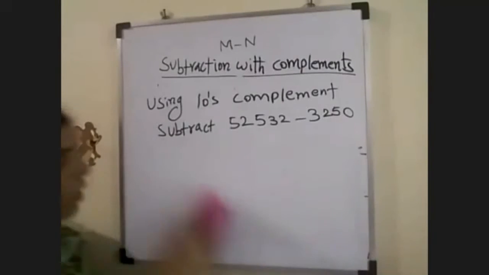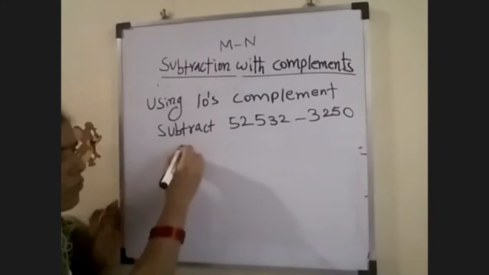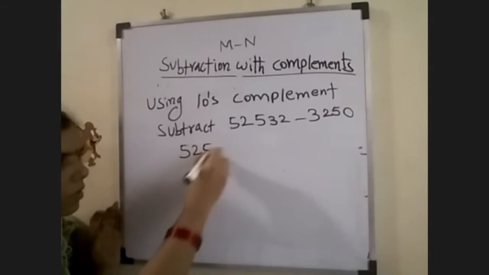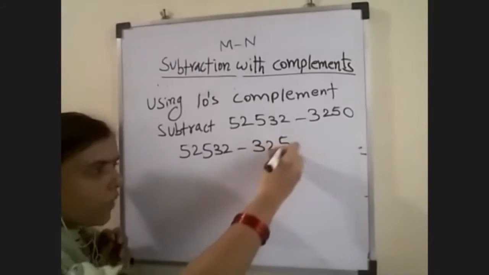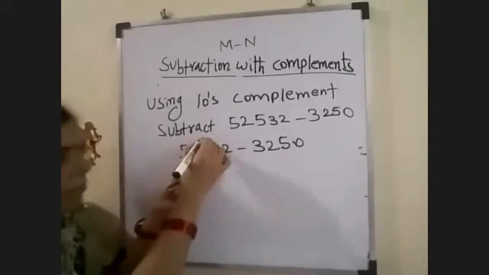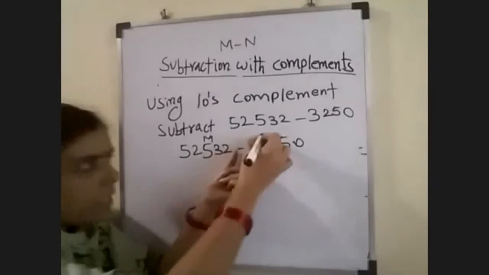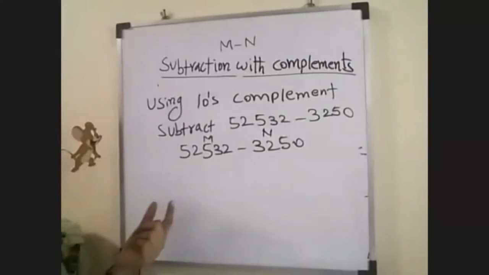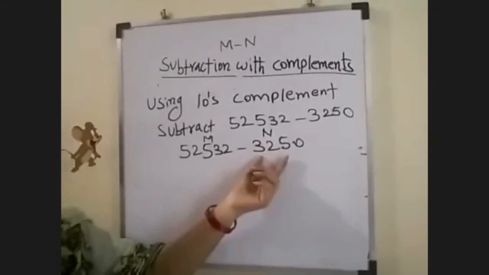So here, using tens complement, 52532 minus 3250. According to our procedure, this is the M value and this is the N value. This is the minuend and this is the subtrahend.